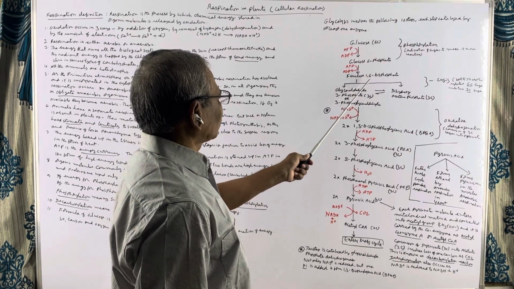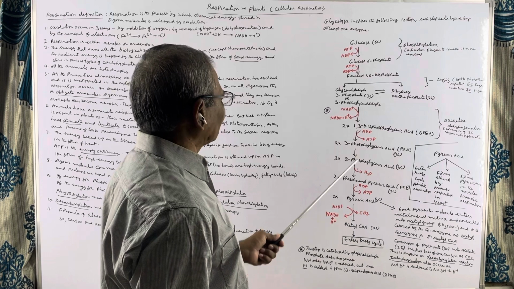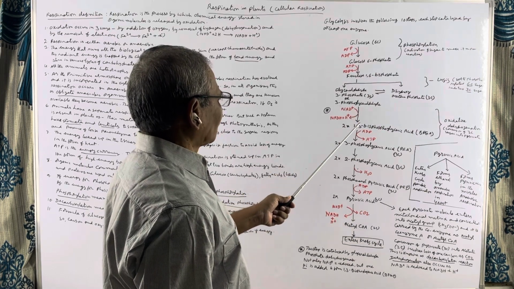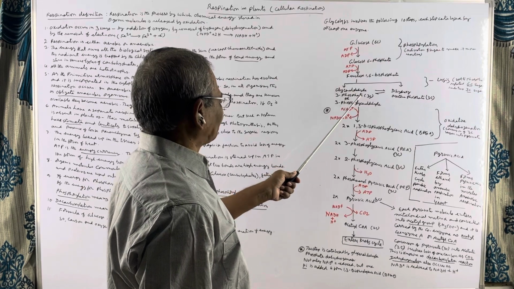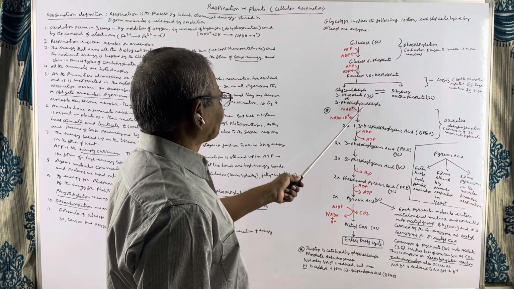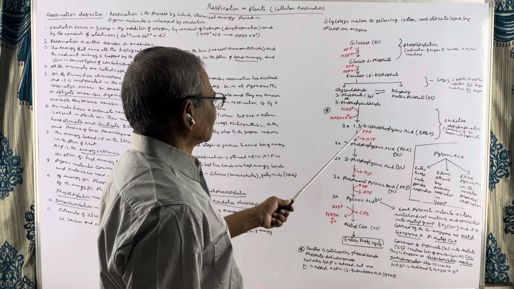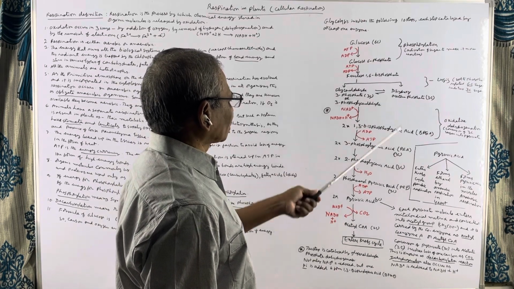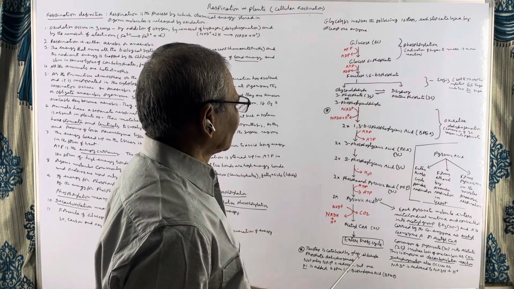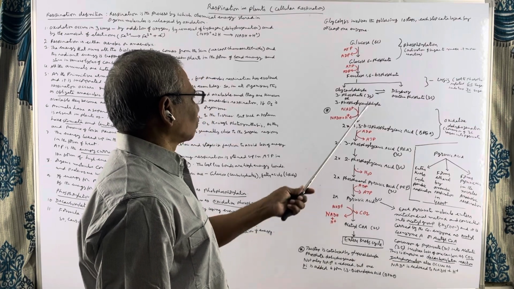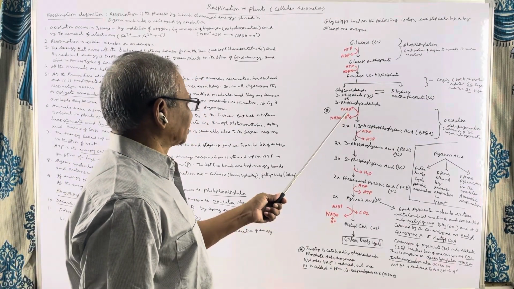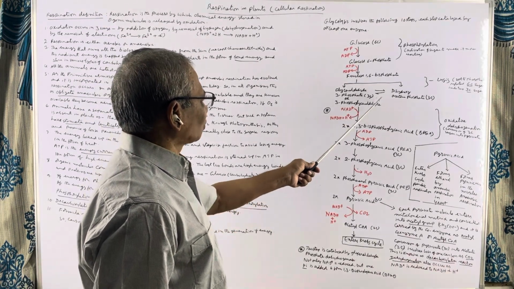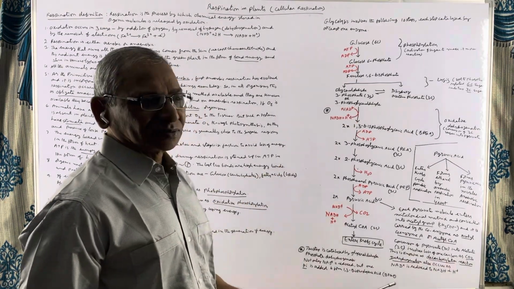Now the fructose 1,6-bisphosphate cleaves into 2 molecules of 3 carbons. One is glyceraldehyde 3-phosphate or 3-phosphoglyceraldehyde. The second one is dihydroxyacetone phosphate. These 2 are 3-carbon compounds or molecules. Then these 2 are interconvertible.